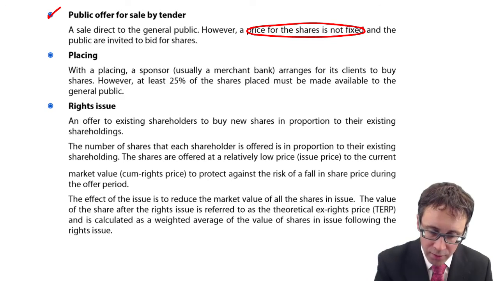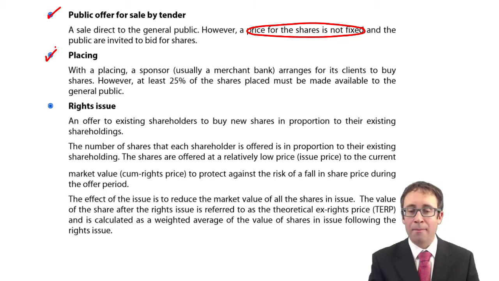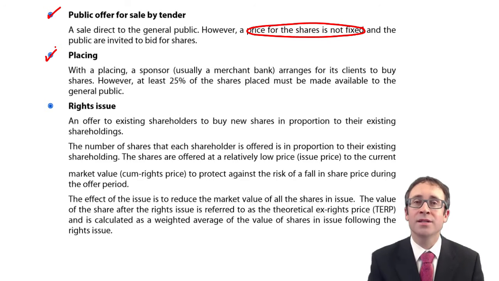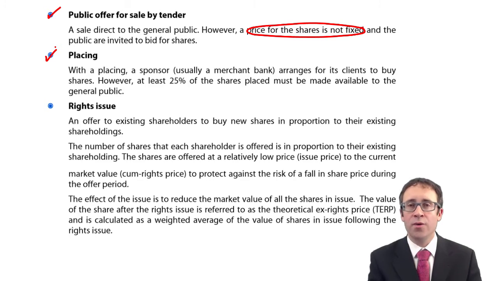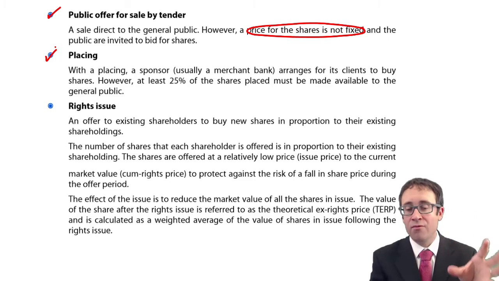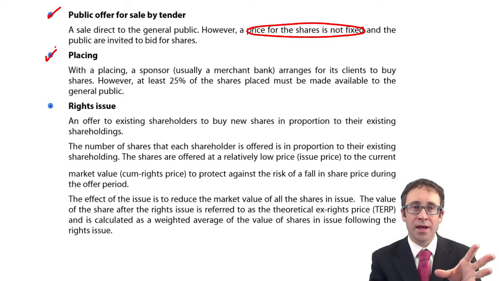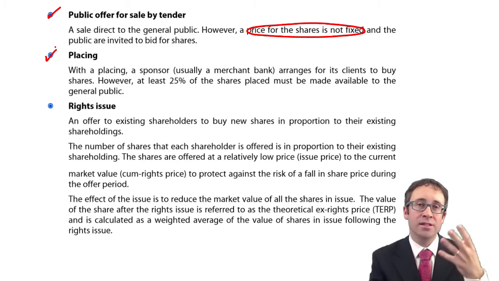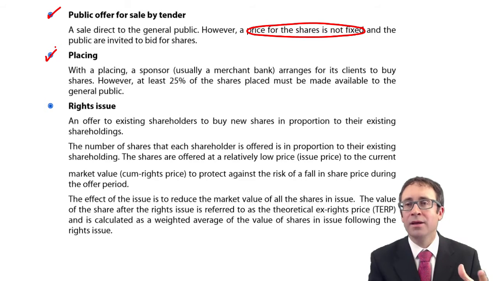The third one is a placing, or a private placing. Again, it's a new issue of shares in our currently quoted business, but here we place those new shares directly with a sponsor. That sponsor is your merchant bank, a large commercial bank, and they will buy the shares directly from you.